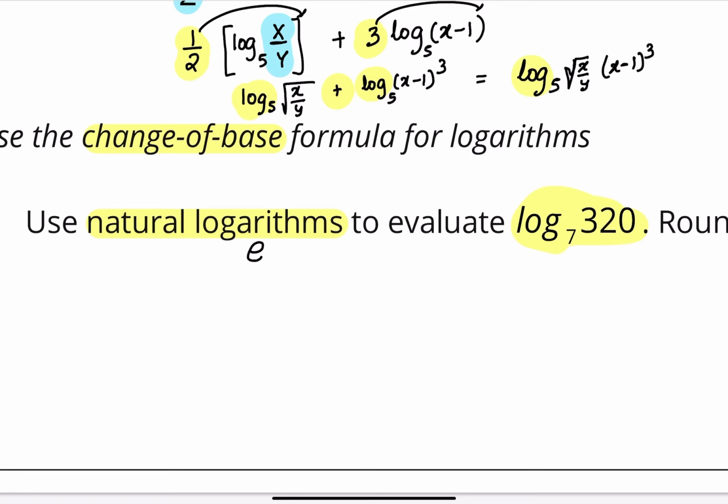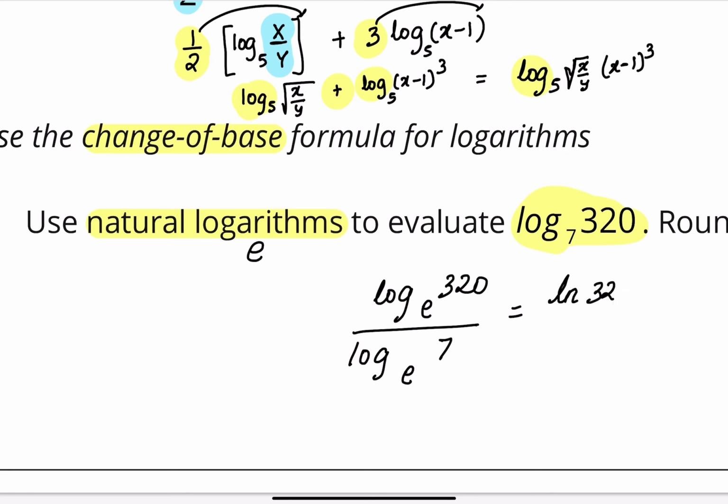And the change of base formula, what do we do? This is log 320 over log 7. Both of them are to the base e. But when they are to the base e, I don't write log to the base e. What do I write? ln. ln automatically means log to the base e.